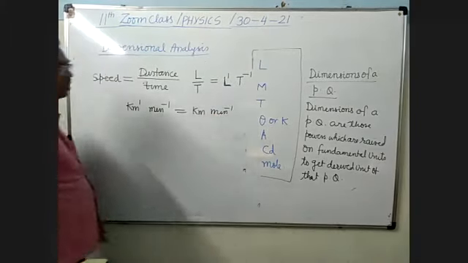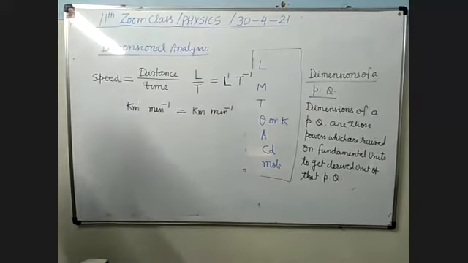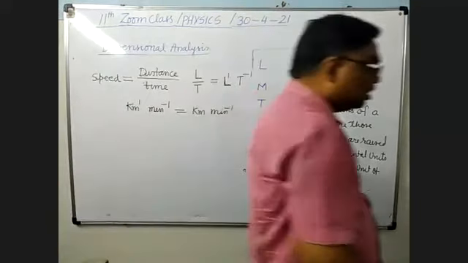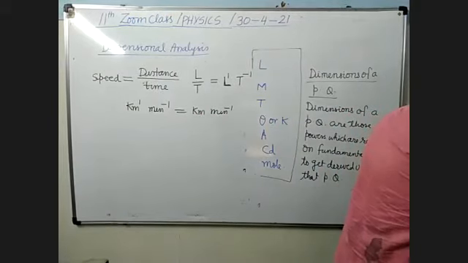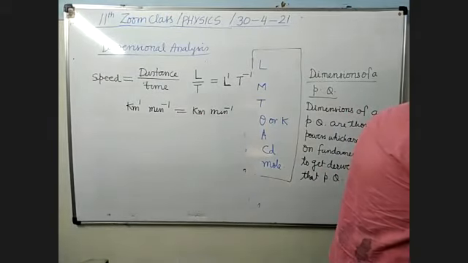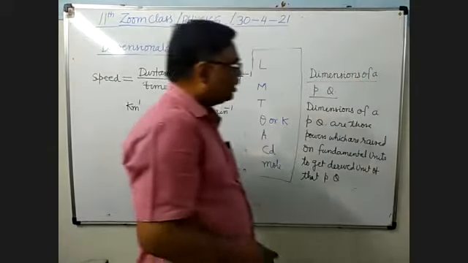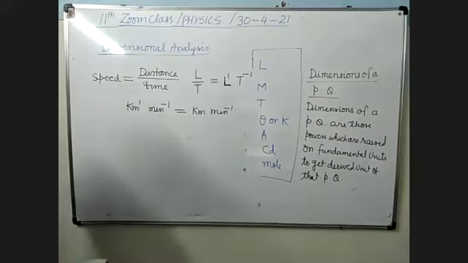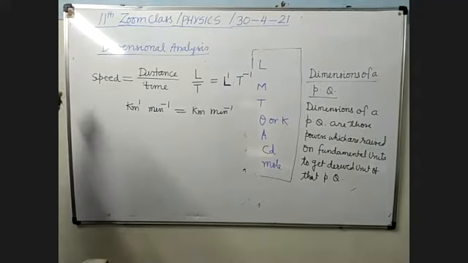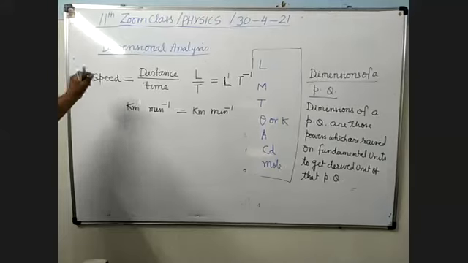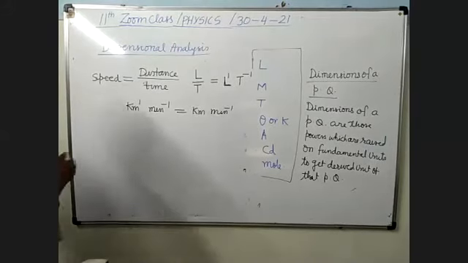So the dimension of this physical quantity is 1 power on the unit of length and minus 1 power on the unit of time. But it is very inconvenient to say such a long sentence. So that's why we write the dimension in terms of the dimensional formula.